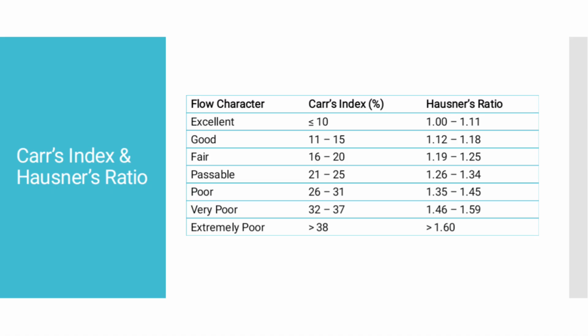And for extremely poor, Carr's index percentage is above 38, whereas Hausner's ratio is above 1.60. So from examination point of view, remember that low Carr's index and Hausner's ratio indicates a better flow. Okay. So as the value keeps on increasing, their flow property keeps on decreasing.